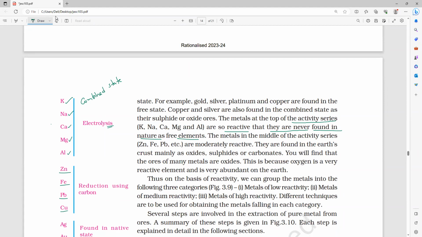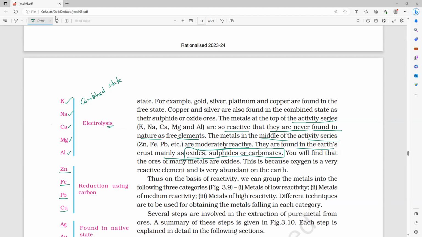These are moderately reactive. They are found in the earth crust mainly as oxide ores, sulfide ores, as well as carbonate ores.